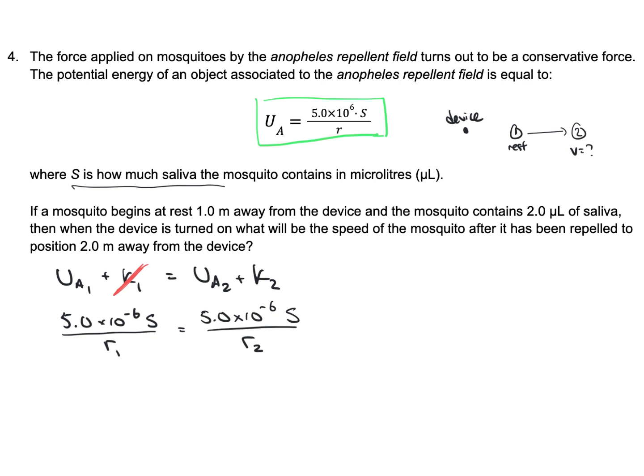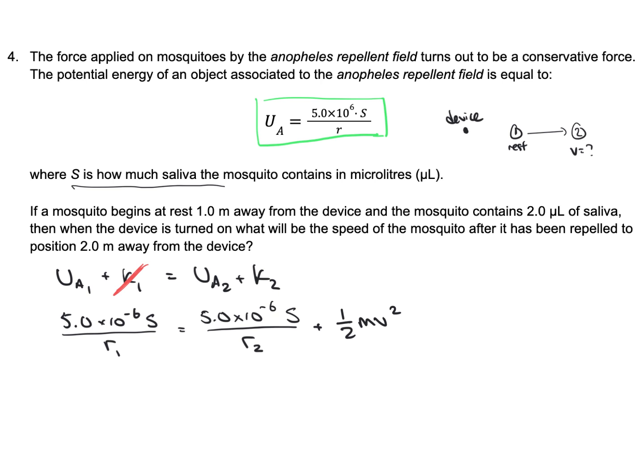R stands for how far away the mosquito is from the device, so I need subscripts of 1 and 2 for 1 meter away and 2 meters away. And then kinetic energy is half mv squared. All right, so it's just rearranging for v and solving.